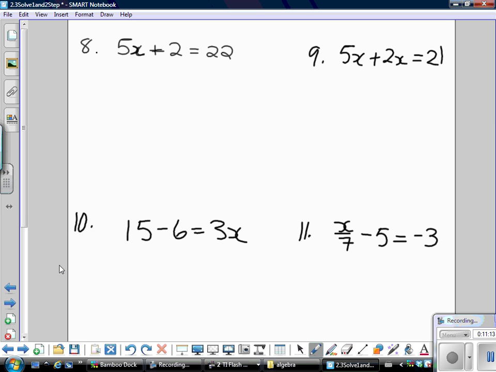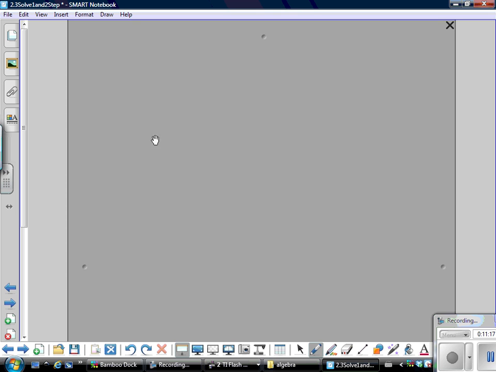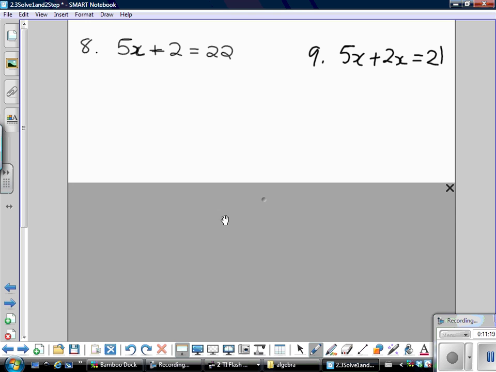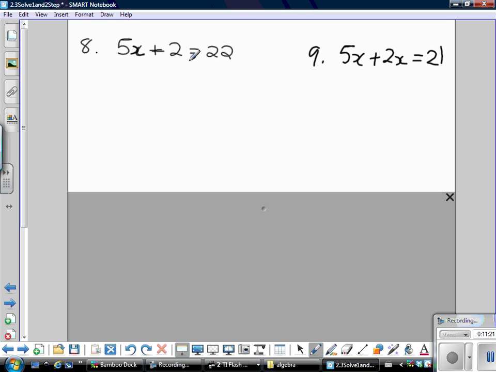Let's go to the next page. Got some more here for us. Okay, so these ones, and I'm going to put the screen up again. Let's take a look at this one. 5x plus 2 equals 22. So the problem is here, I have a few things going on with the x's. I have a 5x that I have to get rid of the 5, and I have a plus 2. So what I'm going to do is move my constant terms first. So the opposite of adding 2 is subtracting 2.